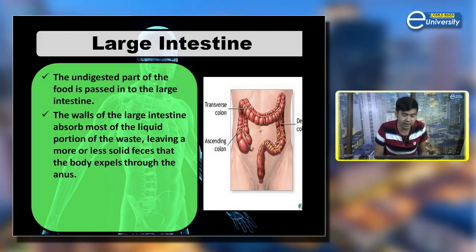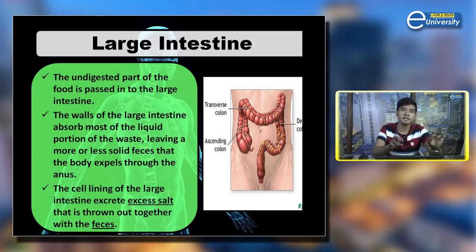As I've said earlier, the main function of the large intestine is water absorption, leaving a more or less solid feces that the body expels through the anus. The cell lining of the large intestine excretes excess salt that is thrown out together with the feces.